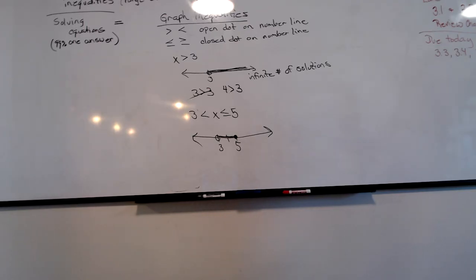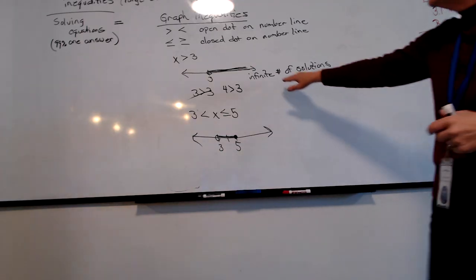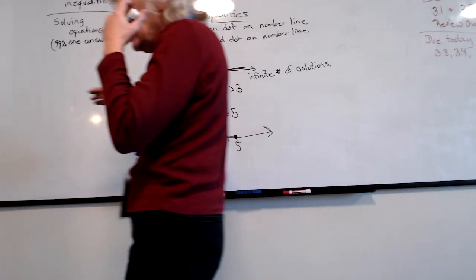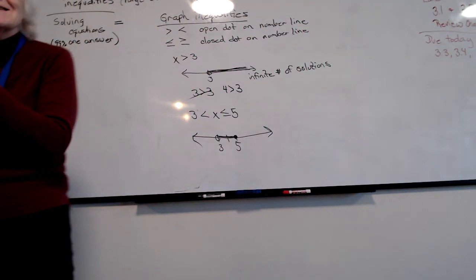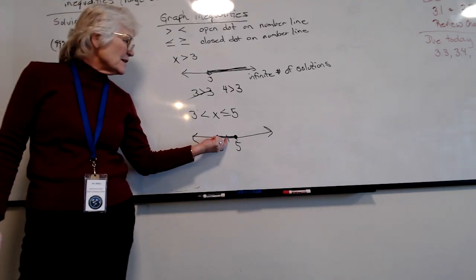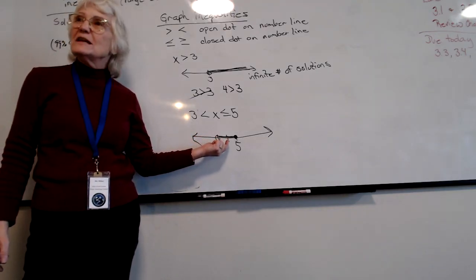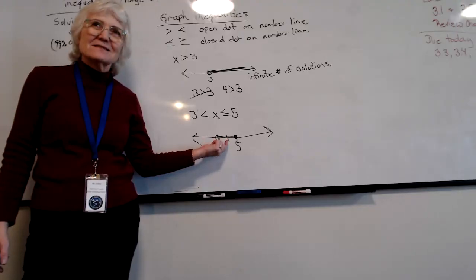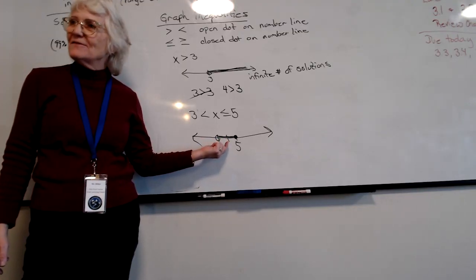Our electrons might not touch, but our bodies that are made up of those electrons are going to touch, okay? And so this is kind of an interesting thing, the infinite betweenness. There's an infinite amount of points between 3 and 5.